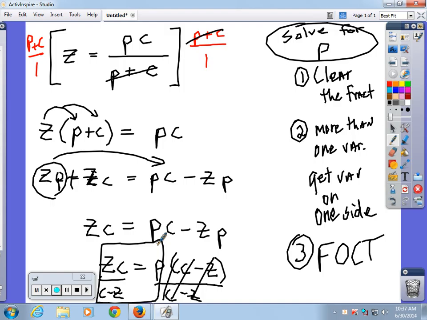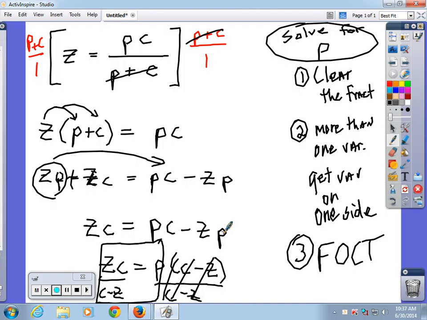Why did you get a negative ZC? Oh, where did it go? Well, we found out this was a positive. I wrote a positive right here, and it didn't write the vertical, and I thought it was a negative. It's a positive. So that part right there is ZC equals PC minus ZP.